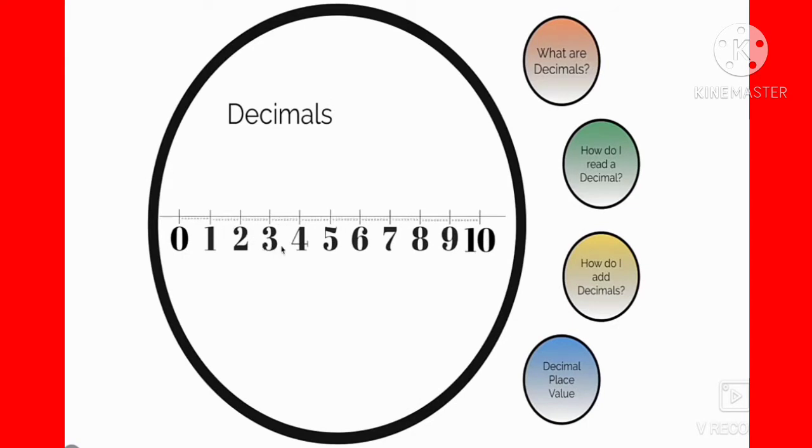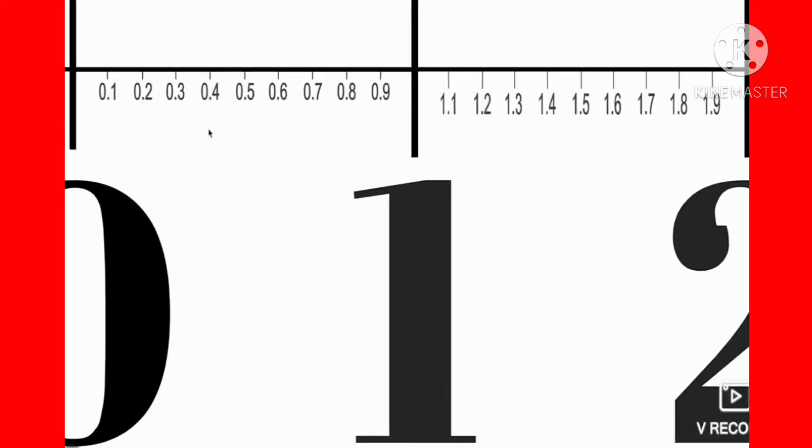For example, when we divide 10 equal parts between 0 and 1, the next number from 0 on the number line starts from 0.1, 0.2 and so on. That is, it can also be called the decimal part on the tenth place.